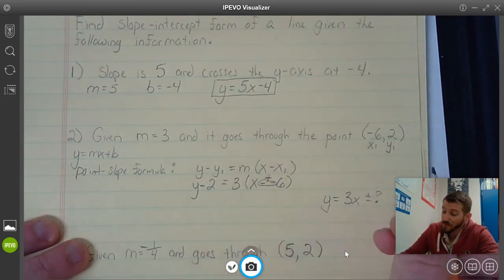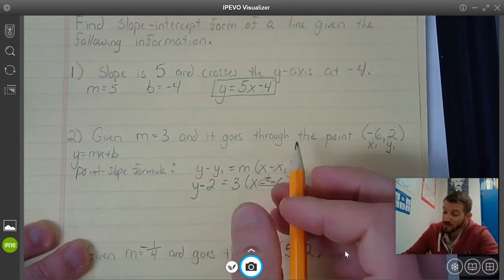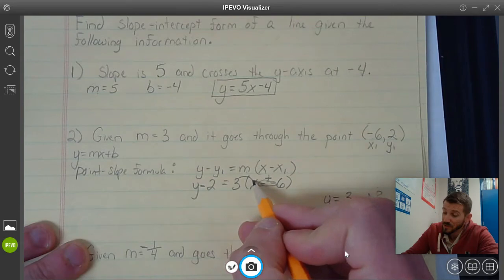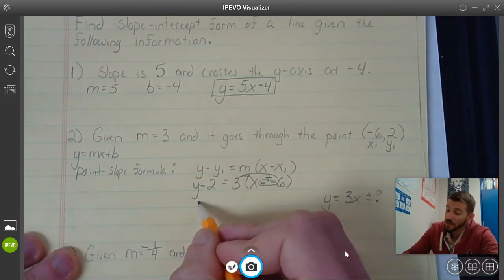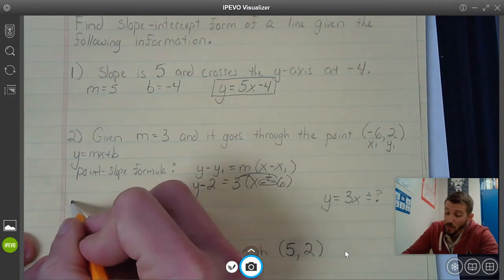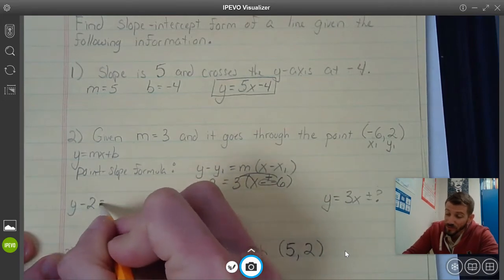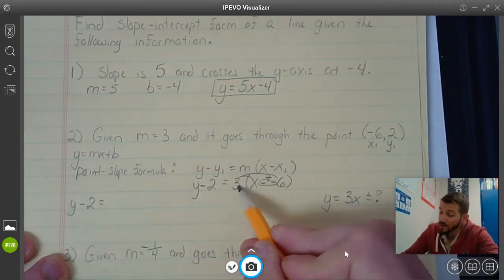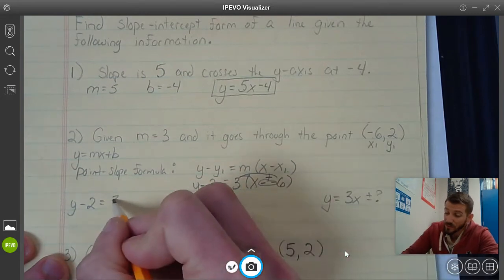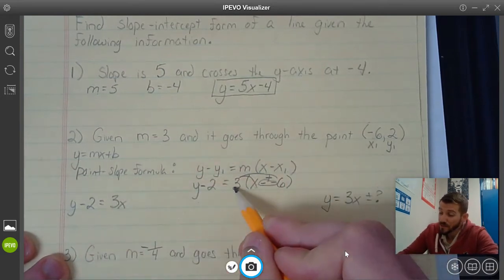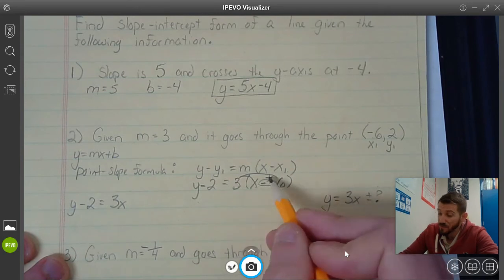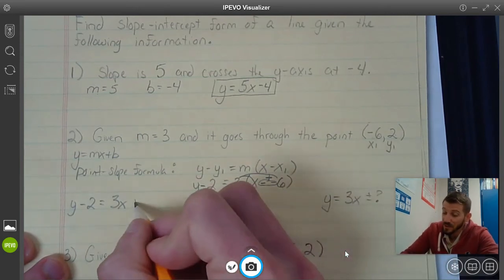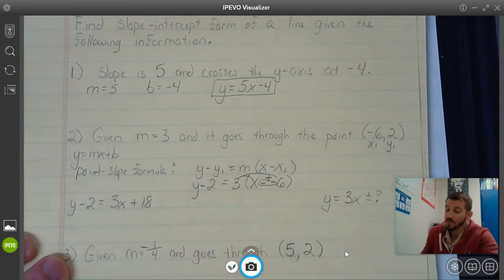So here we go. The next step, you're going to want to distribute the 3 into both numbers. So we end up with, I'm going to write it over here, y minus 2 equals 3 times x is 3x, and 3 times a positive 6, remember the sign changed, so 3 times a positive 6 is positive 18.